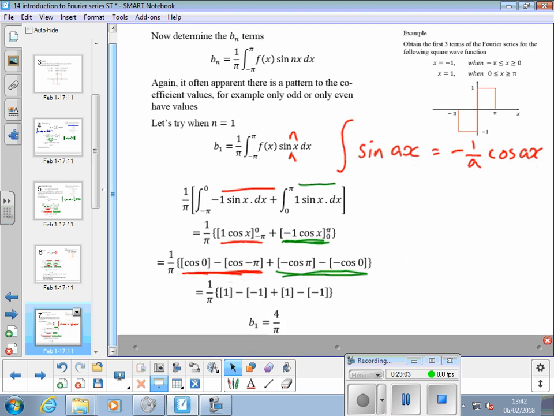So, first B term, the coefficient for the fundamental is 4 over pi. One minus minus 1 is 2, plus another 1 is 3, minus minus 1 is 4. All okay with that? Yeah?